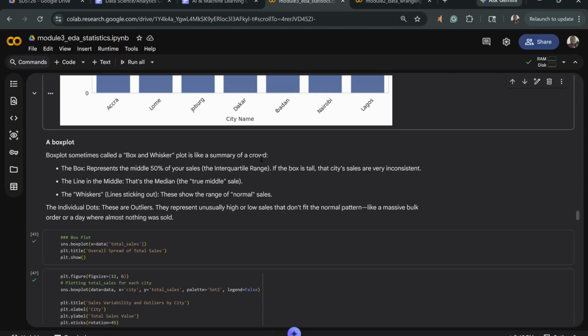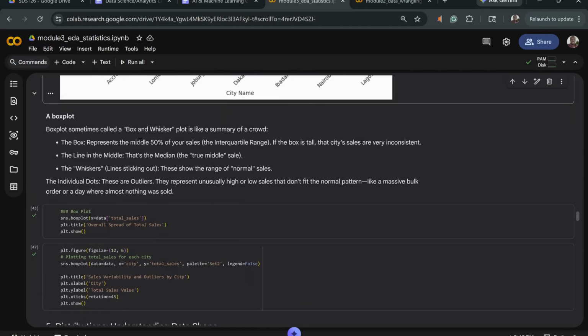Univariate analysis is when you are checking a particular column and the characteristics of the column. Multivariate is when you are checking many variables and trying to compare them. So a box plot gives you a very high level overview of a variable. For the record, this is a quantitative variable that you use a box plot for, but you can also use it to compare different categories of that quantitative variable.